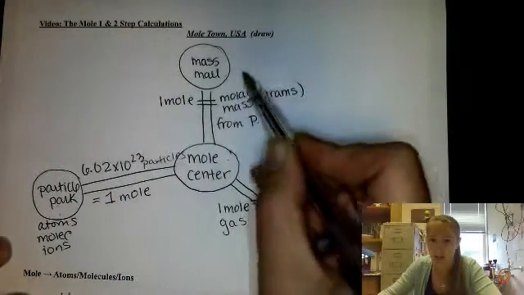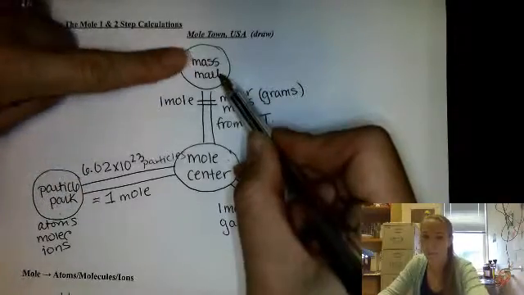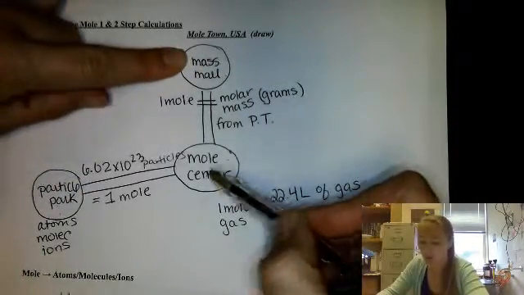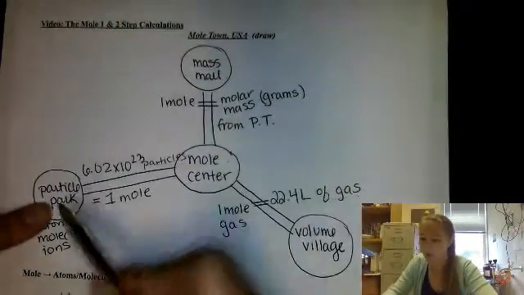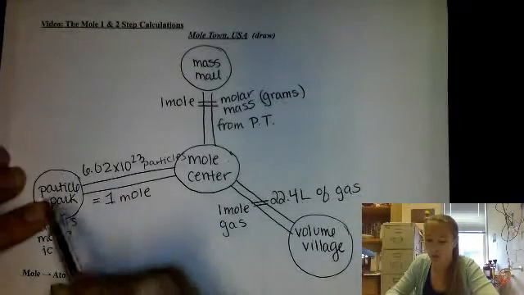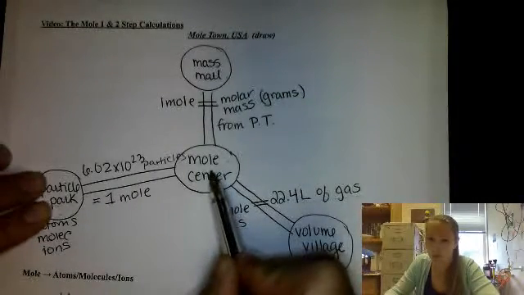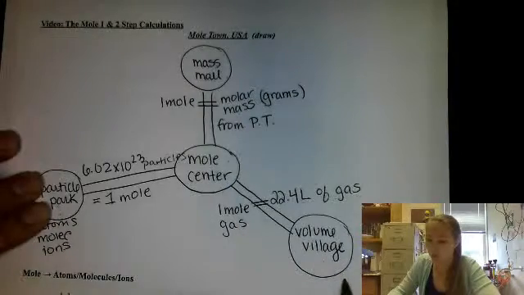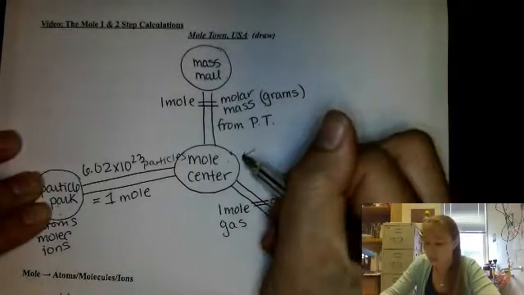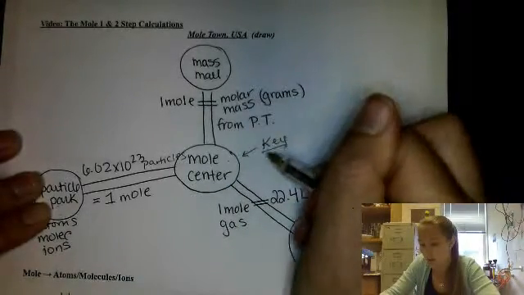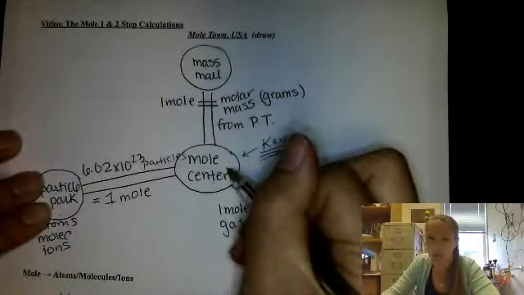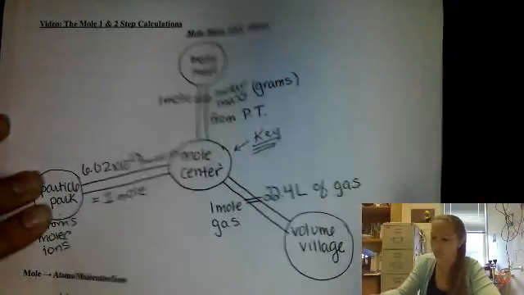I have to stay on the path. So I have to first go from mass to moles, then moles to particles. Or from particles to volume village, I have to go from particles to moles first. That's one step, moles to volume village. So we call moles the key because they're the hub. We have to go through my mole center in order to go anywhere else.